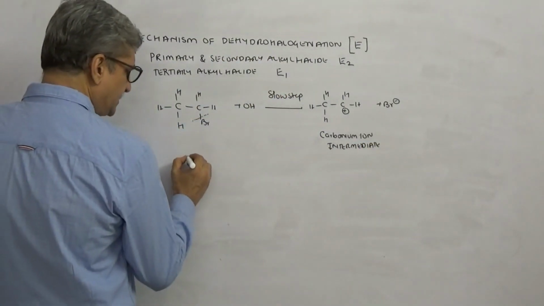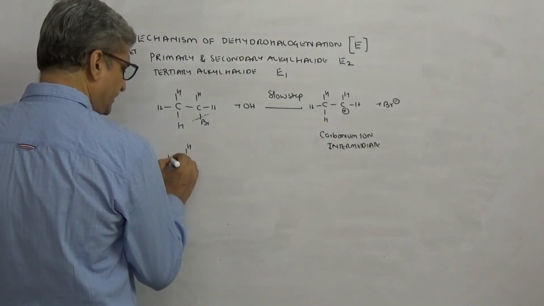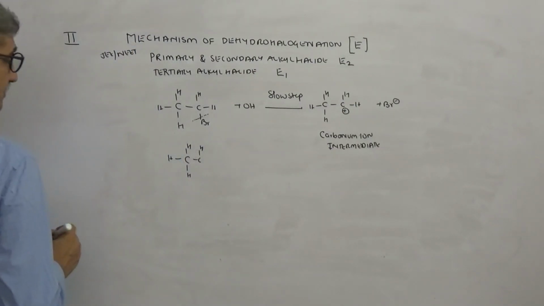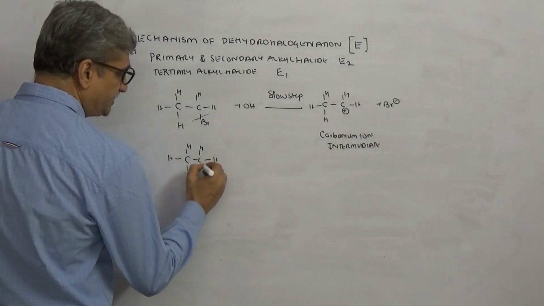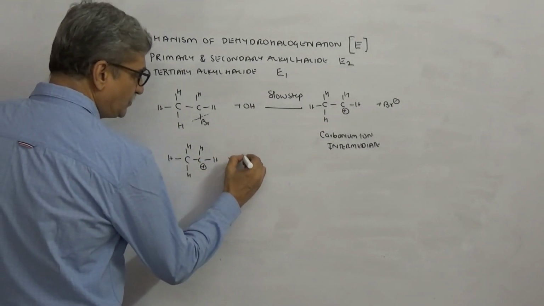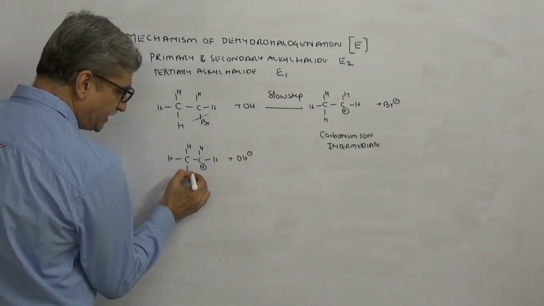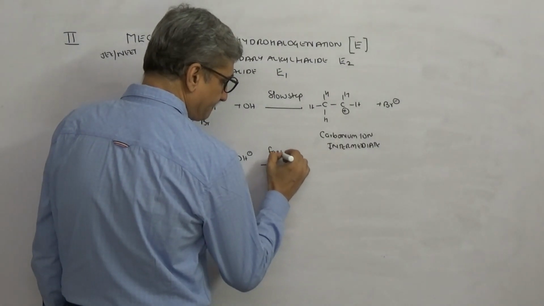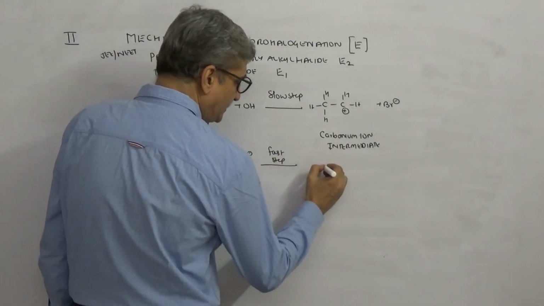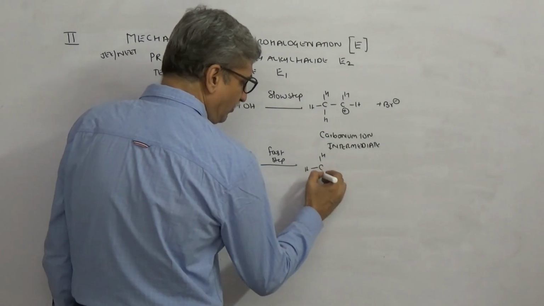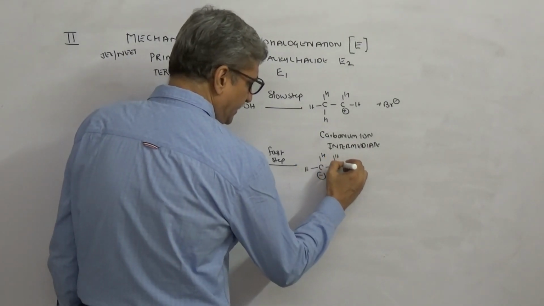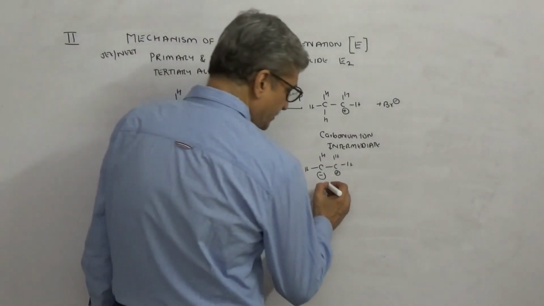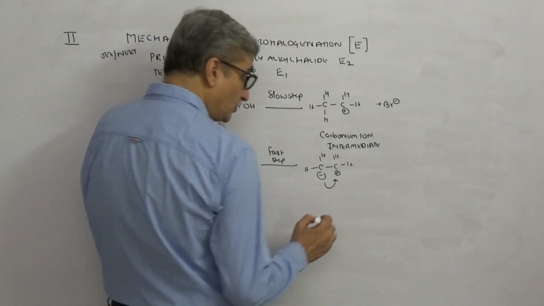Now this carbonium ion intermediate, the base OH minus immediately removes this H plus. So this is a very fast, quick step. In this fast step you are left with a carbanion and a carbonium ion. I told you the electron rich will donate to the electron poor to restore the double bond.